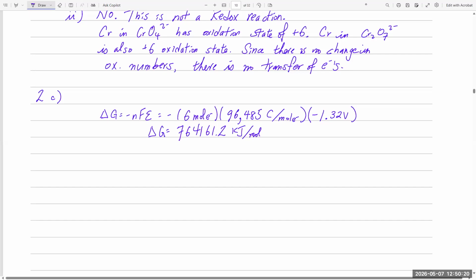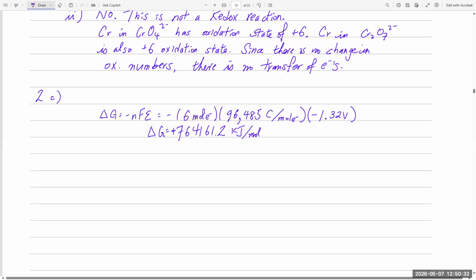So, it's positive, right? Be careful, delta G is either positive or negative. You don't have a signless delta G. So you would say, is the reaction thermodynamically favorable?